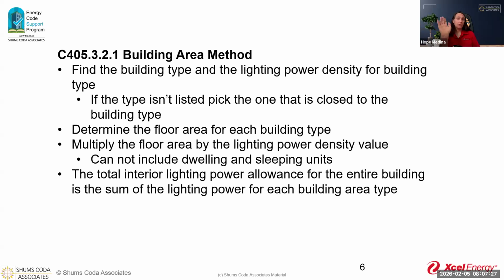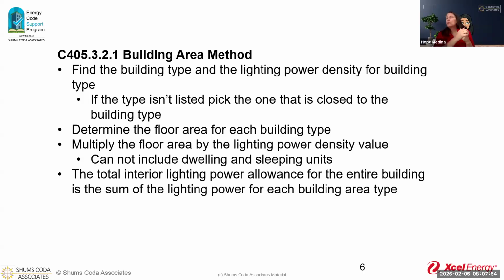But you're going to go into the table. You're going to find the building type that best represents what your building is. So if you were a building that's a bunch of offices, you're going to find the category of office. Then you take the amount of floor area and multiply it by your lighting power density number.